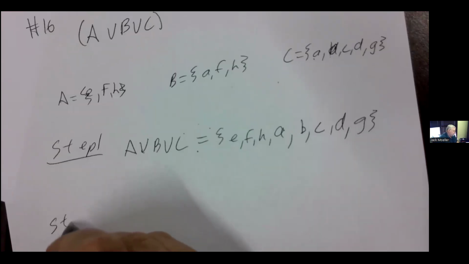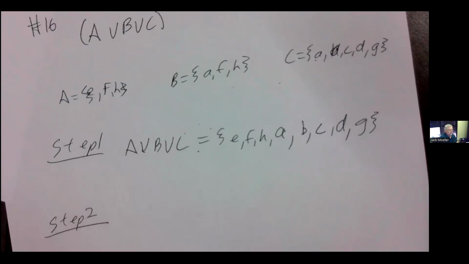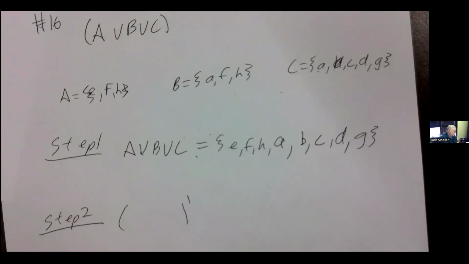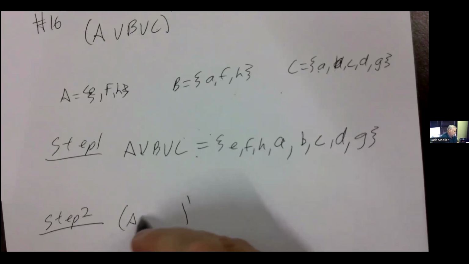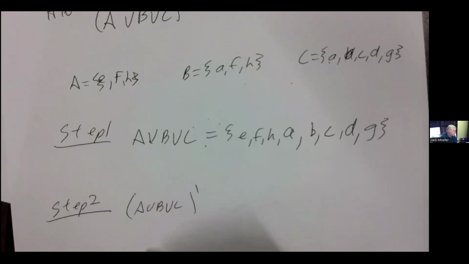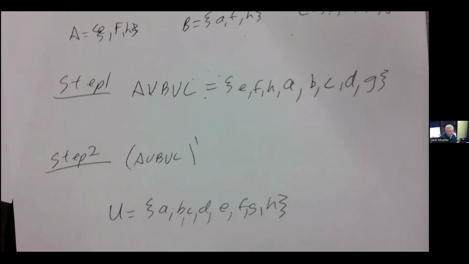Step two, let's go back to the universe and do the complement. So we're doing (A union B union C) complement, so we need the universe. The universe is A through H: A, B, C, D, E, F, G, H. How do we get the complement?